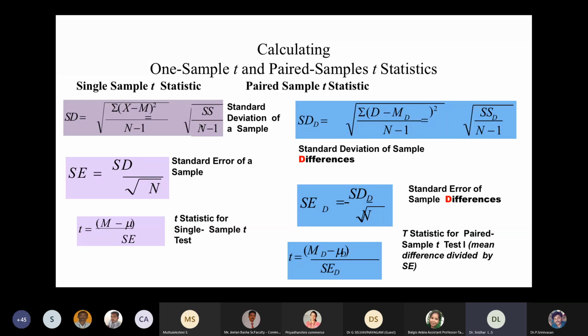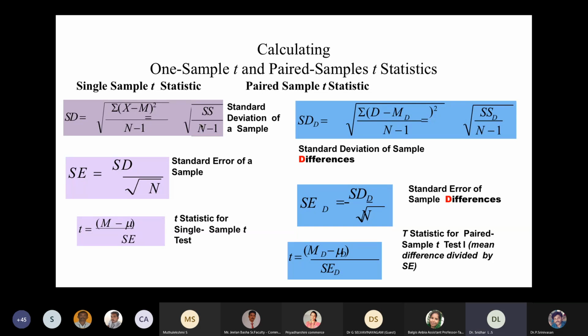An event could be the one, and you can check before and after that phase: before GST implementation, after GST implementation, before demonetization, after demonetization. What is the improvement? You can check all these with the paired test.